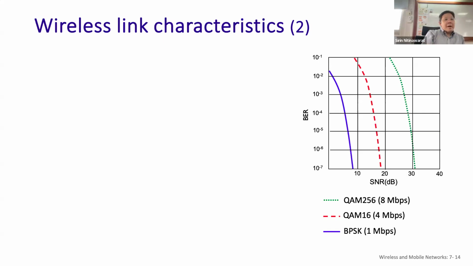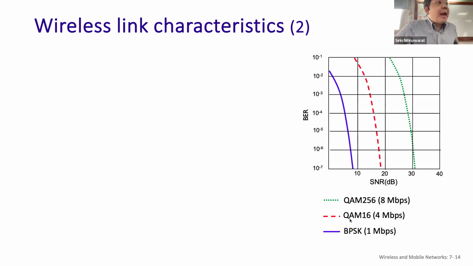So let me tell you, maybe you haven't heard of it. These are different modulation schemes. The higher the modulation, the more bits you pack into the communication symbol. In particular, with BPSK you pack only one bit. One communication symbol will be decoded as 0 or 1, right?